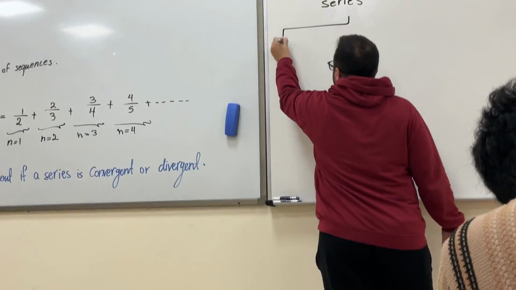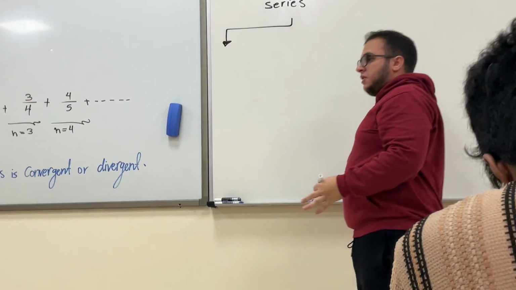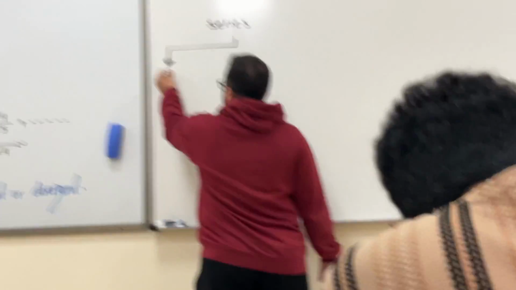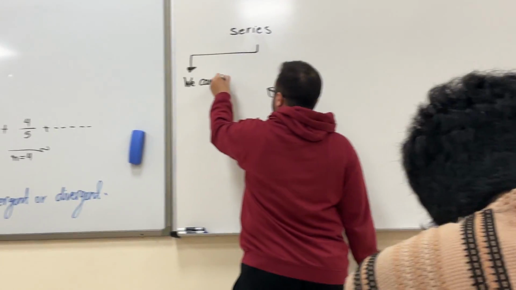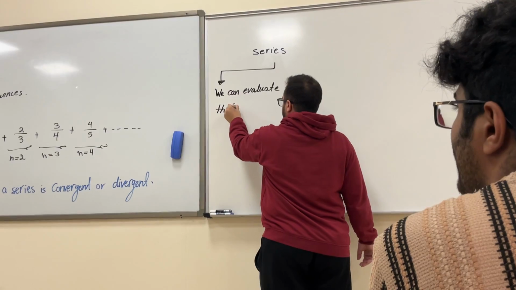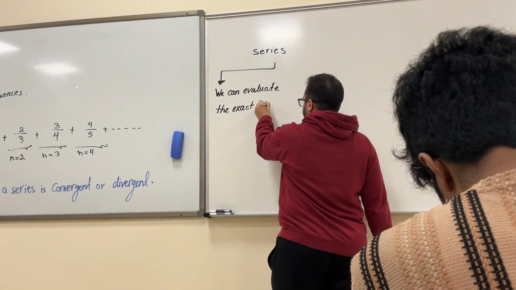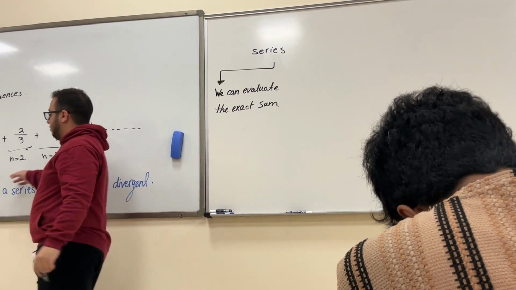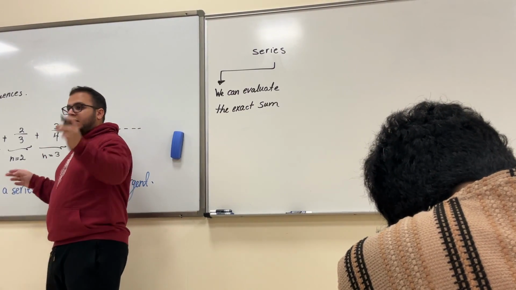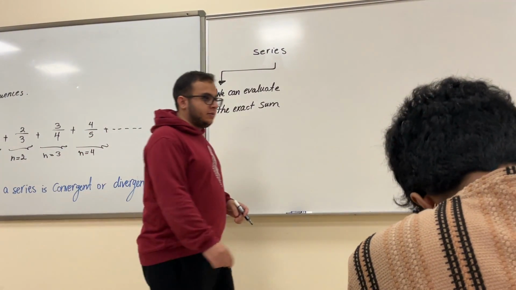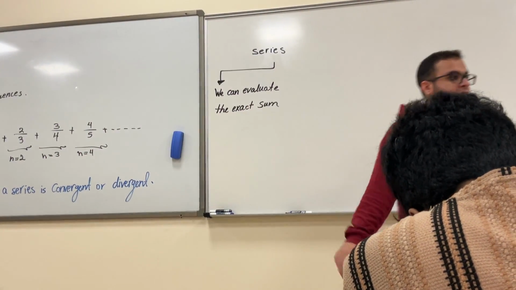We have two big types of series. We have series that we can evaluate the exact sum of. So this infinite sum here, I can know what number it is exactly. There is one type of series like this.